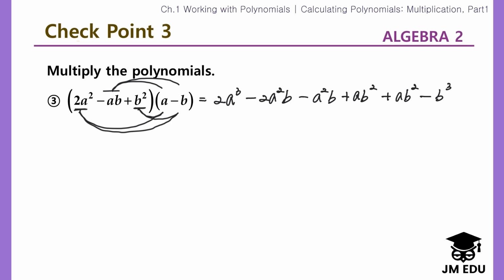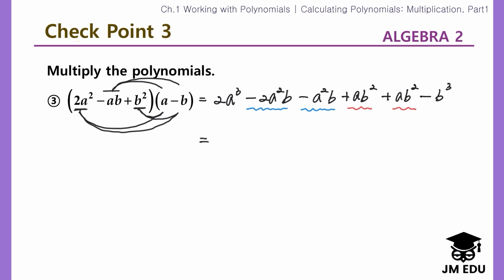So let's look for like terms. We have minus 2a squared b minus a squared b. We have ab squared plus ab squared. So let's rewrite this expression.